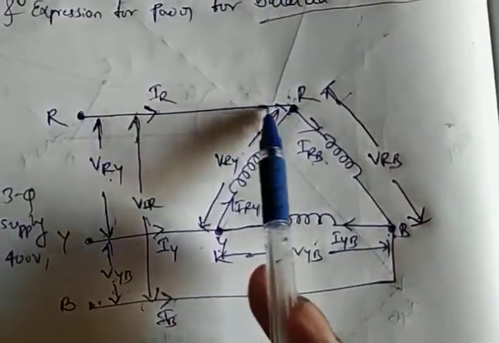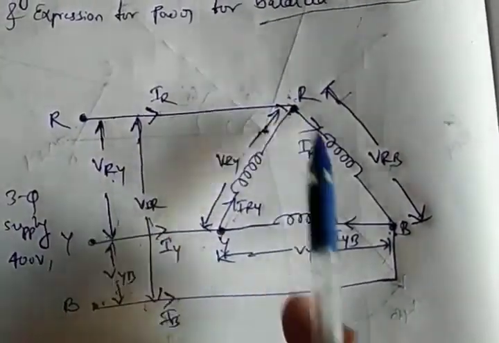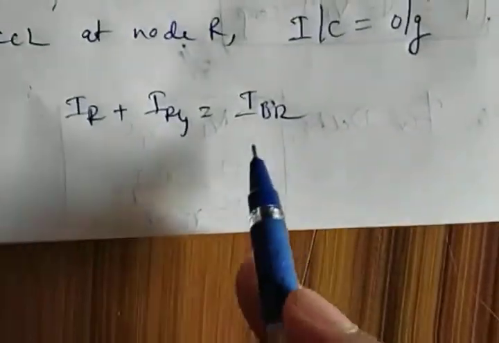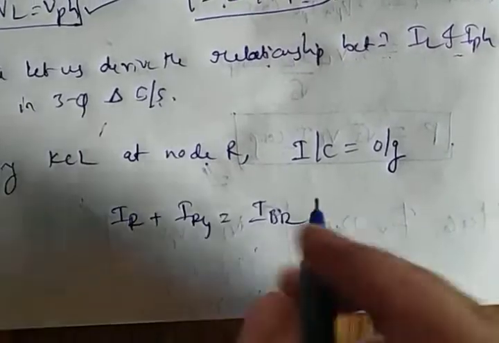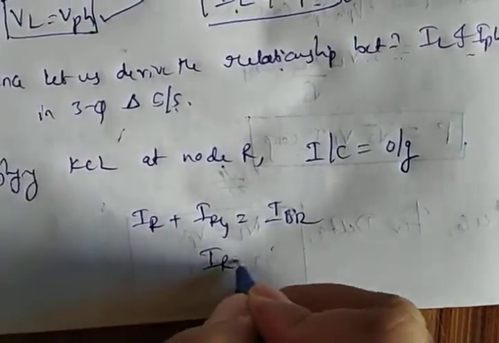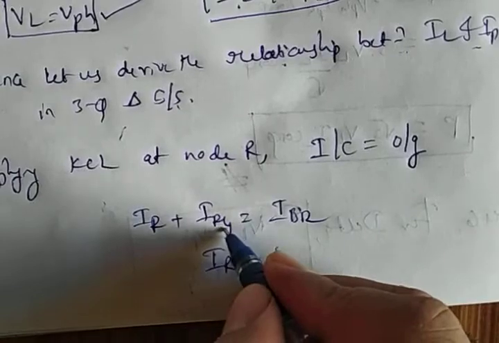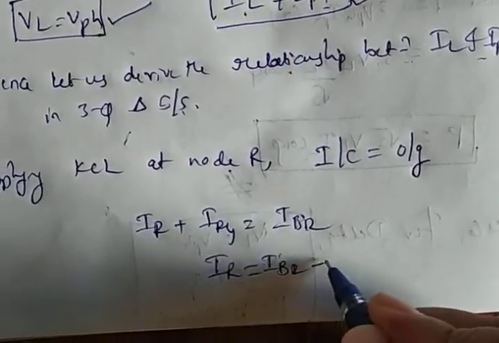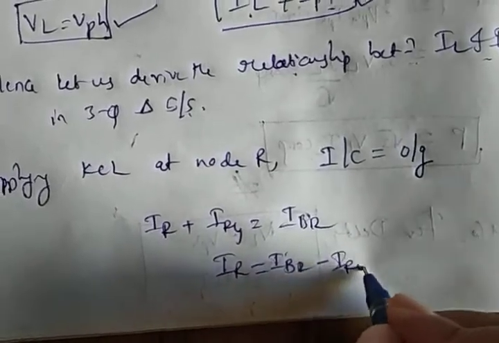Here you can see at node R, incoming current is IR, IRY is also incoming, outgoing current is IBR or IRB. Or this equation can be written as: IR is the line current, IRY and IBR are the phase currents, that's why you can separate them. IR is equal to IBR minus IRY.